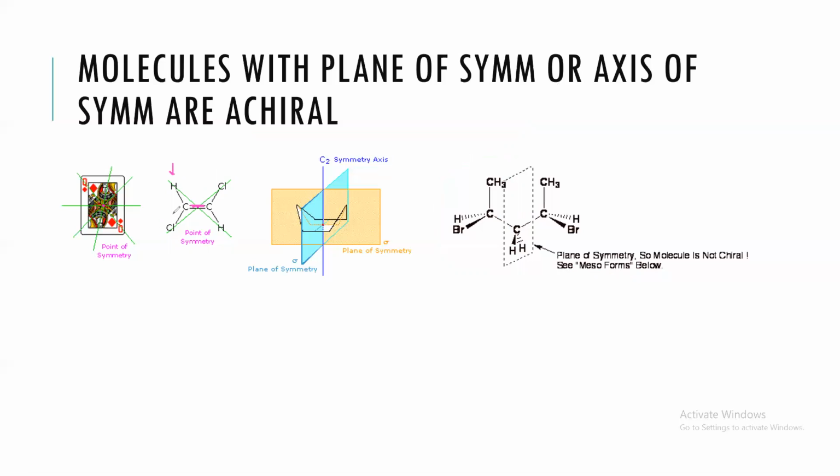Let's say we have a bromine, or whatever, and then over here the same or something the same, then we're going to have a point of symmetry. But although this seems to be chiral and would have enantiomers, it won't. Why? Because it has a point of symmetry.